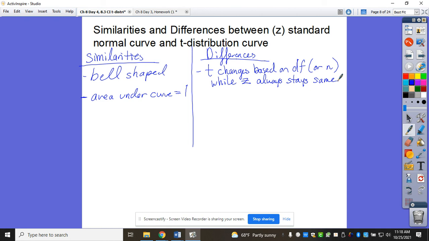Where are they different in the curves themselves? Z is taller in the middle, but T is taller in the tails. I'll do it as two separate ones. So in the middle, Z, then T. But T is taller in the tails.